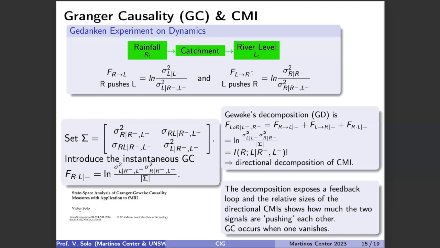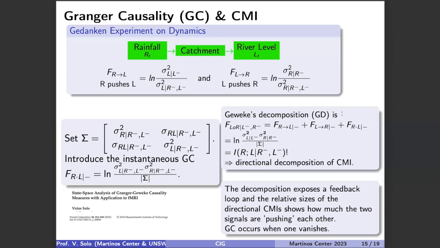There's been criticism of that since Granger came up with this in the 1970s. It's, shall we say, not quite as simple as I described. But what I wanted to say was that there is two things. Gewicki wrote some terrific papers in the early 80s in which he showed this decomposition.